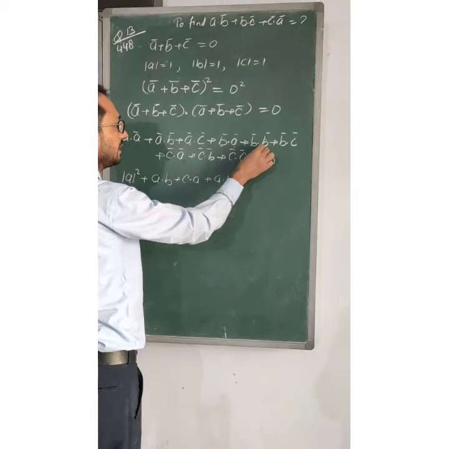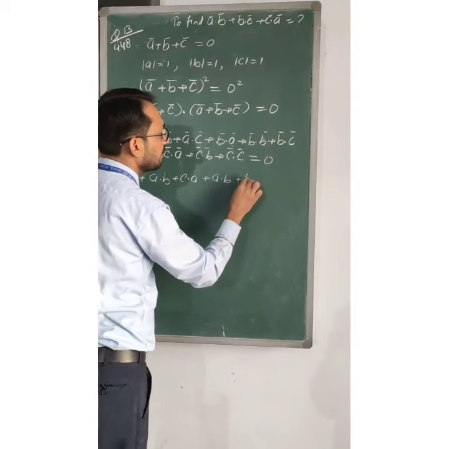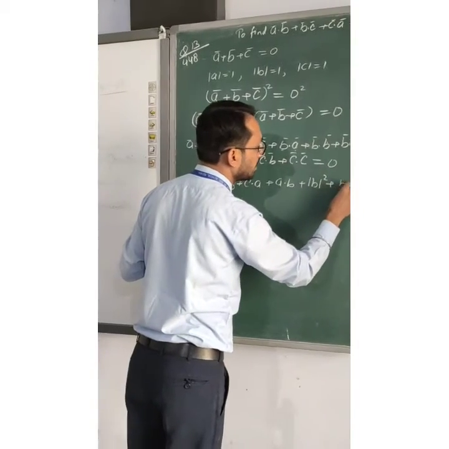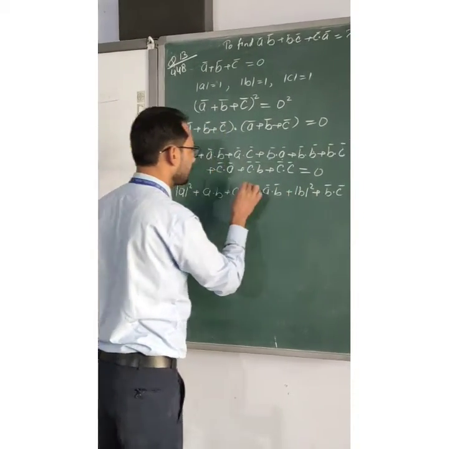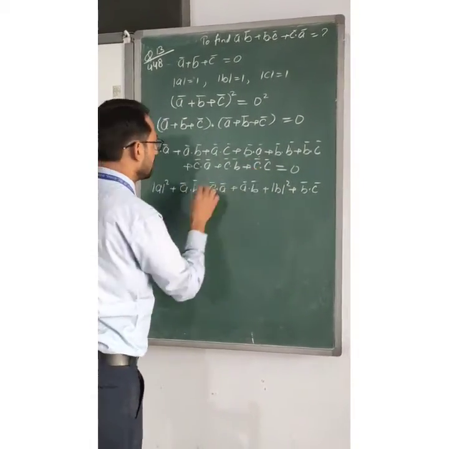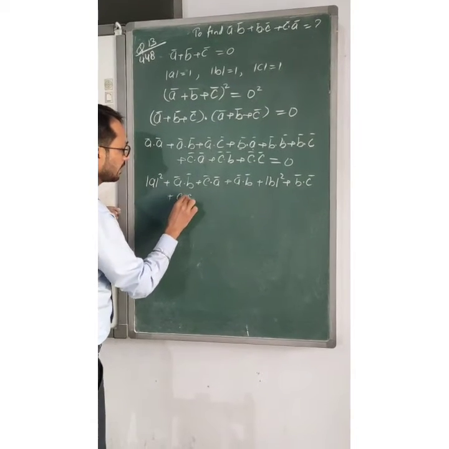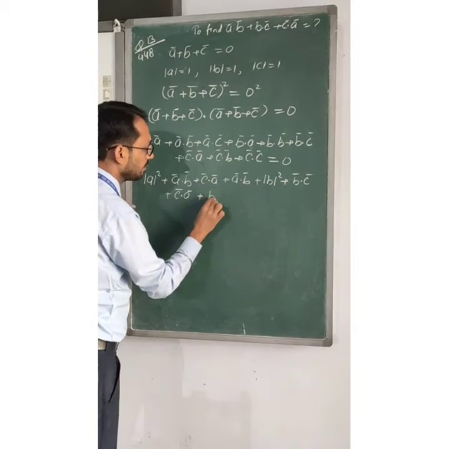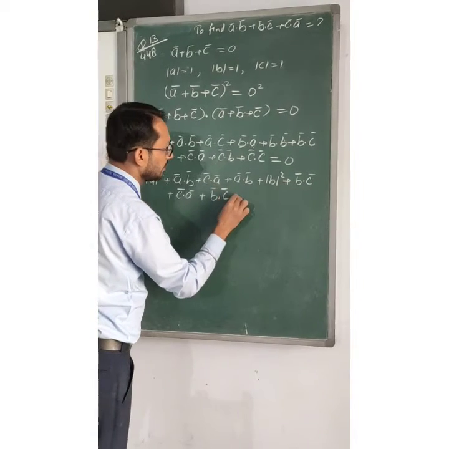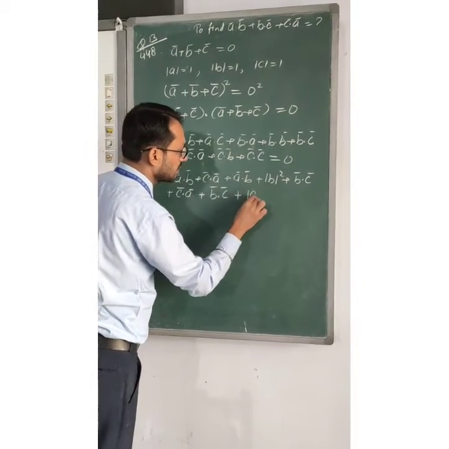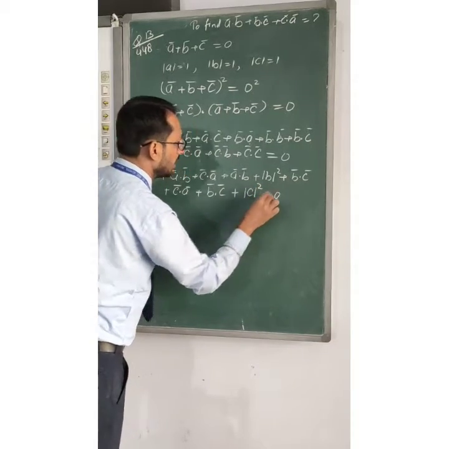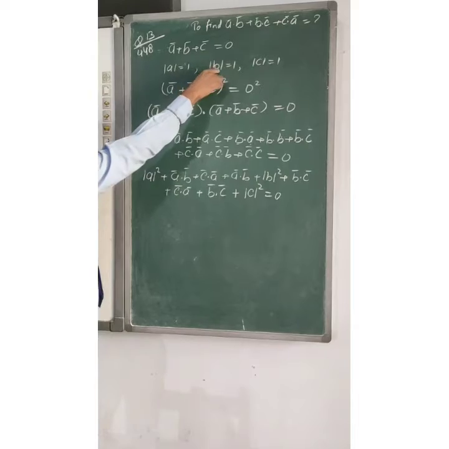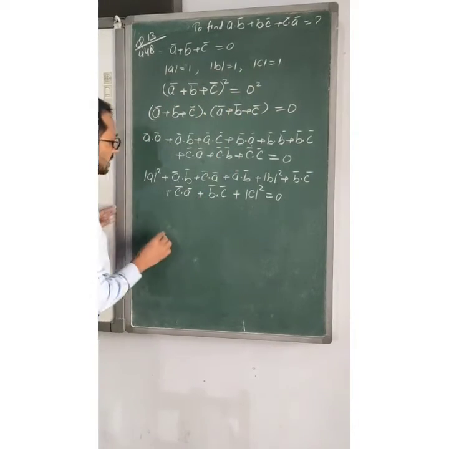B dot B can be written as mod B whole square, plus B dot C. Now C dot A plus C dot B, I am writing B dot C, plus C dot C, mod C whole square. Now the magnitude of A is given as 1, magnitude of B is given as 1, magnitude of C is given as 1.